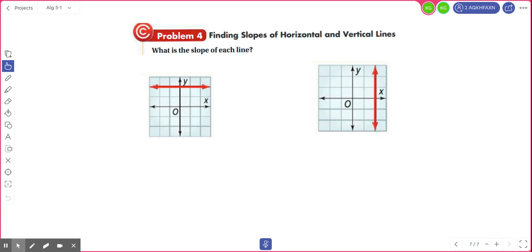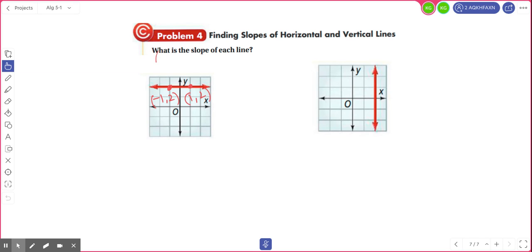All right. The final thing for this lesson is what do you do when you have a horizontal line or a vertical line? And we can use the slope formula to help us think about that. So if we take any two points on a horizontal line, these points happen to be (-1, 2) and (1, 2).